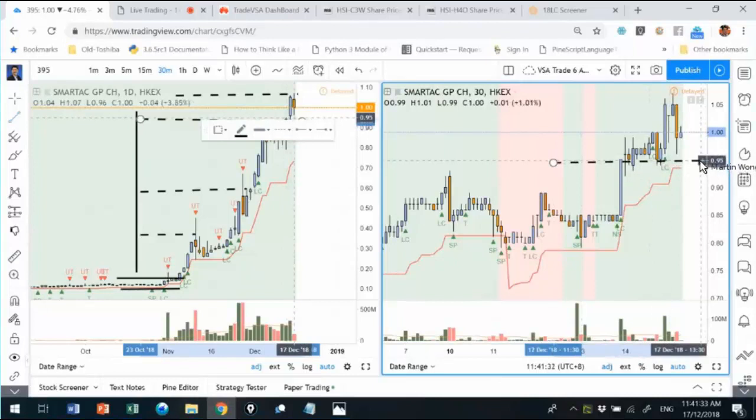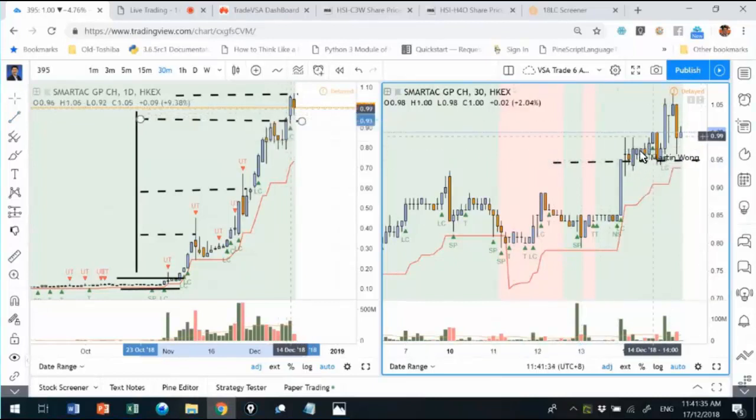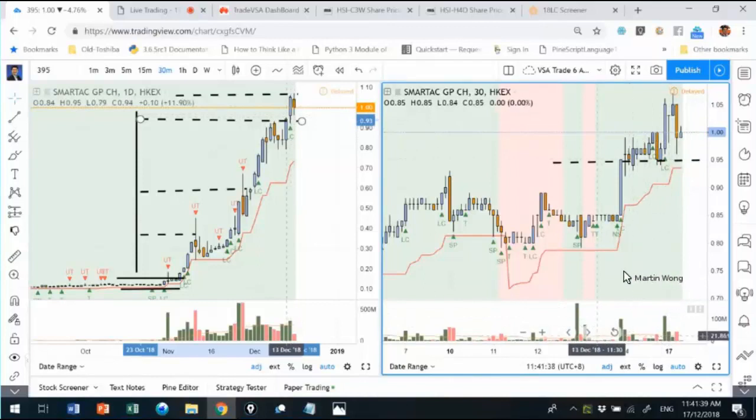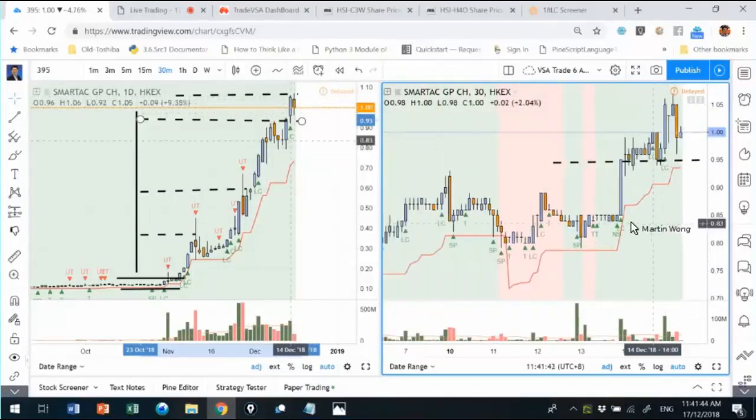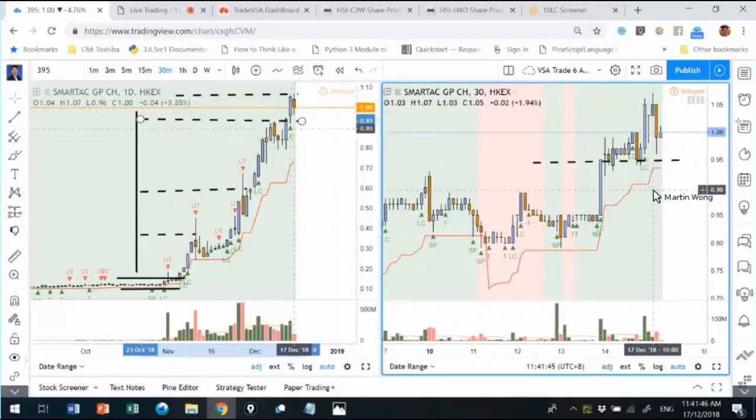First of all, I can spot a very good accumulation over here, where I can see a few narrow spread bars with lower volumes, which is great. And then we do have a small upthrust over here, but this comes with low volume, which means not much seller at the moment.